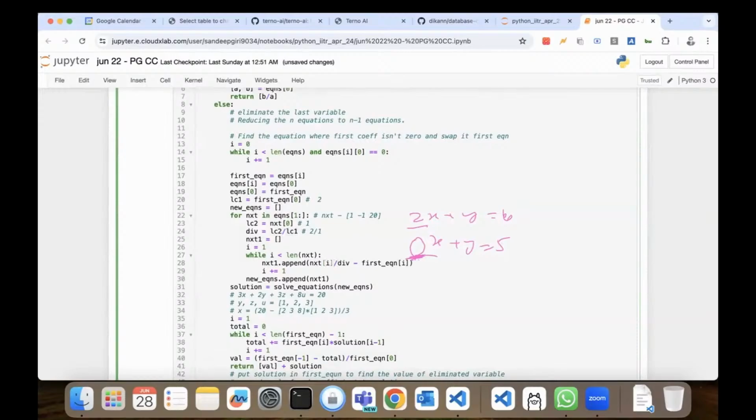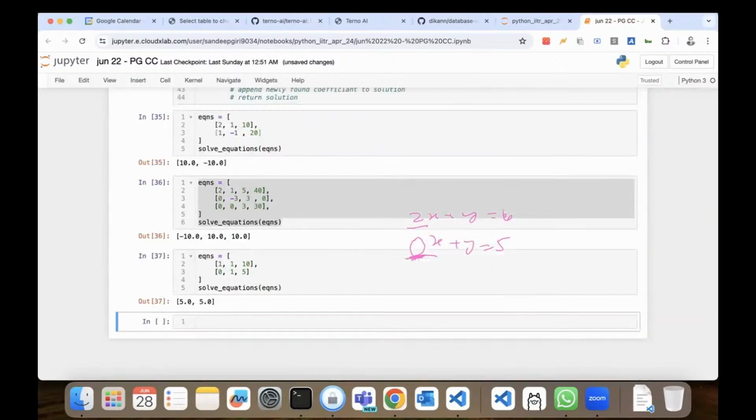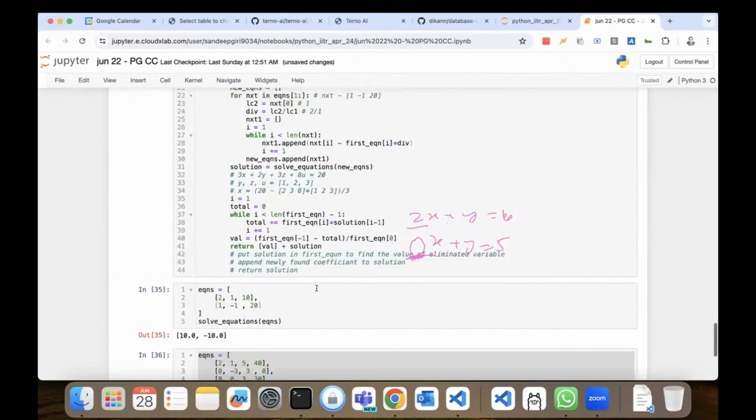I'm so wrong. Next equation minus first equation multiplied by division. Yeah, multiplied by division. I think this makes sense now.